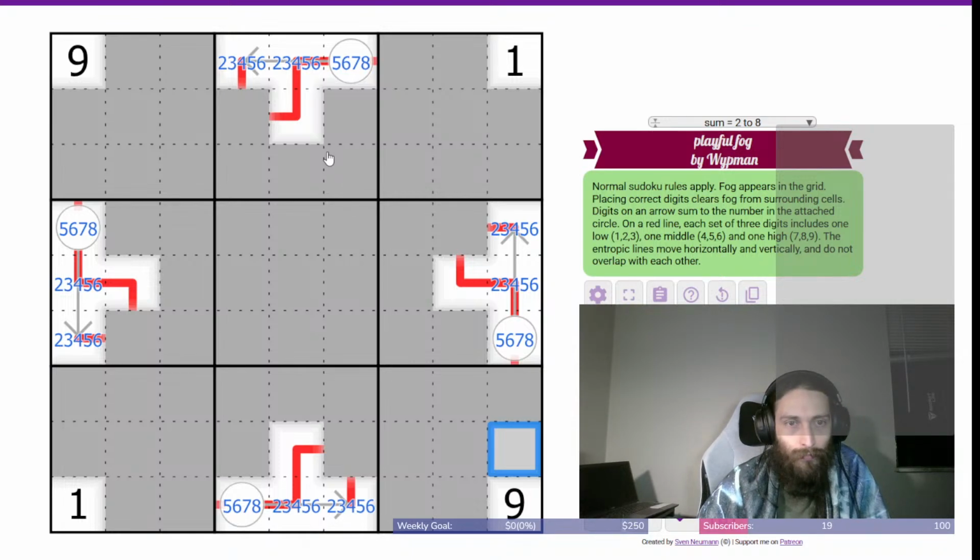Okay. This is red. This one's yellow. This one's blue. Means this is red. This is yellow again. These are the same type.